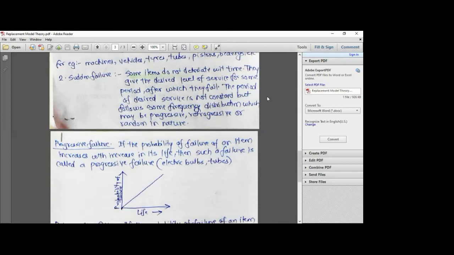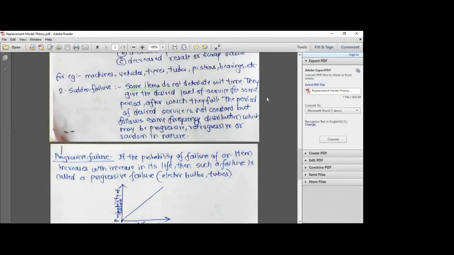There is again a sudden failure, right. In sudden failure, some items do not deteriorate with time. They give the desired level of service for some period, after which they fail, right. And the period of the desired service is not constant, but follows some frequency distribution, which may be progressive, retrogressive, or random in nature.